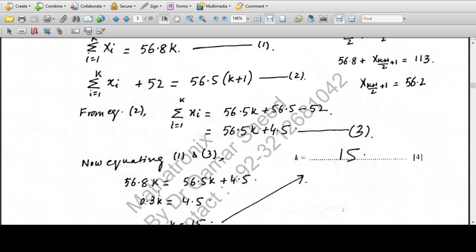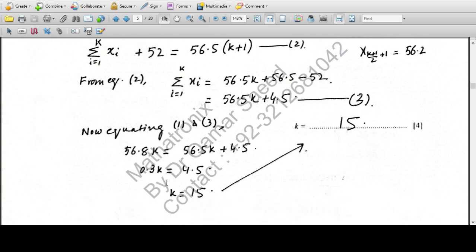So from this we can shift 56.5k to the left hand side, and the difference is 0.3k is equal to 4.5. Now divide on both sides by 0.3, and we have k is equal to 15. So the value of k is 15.